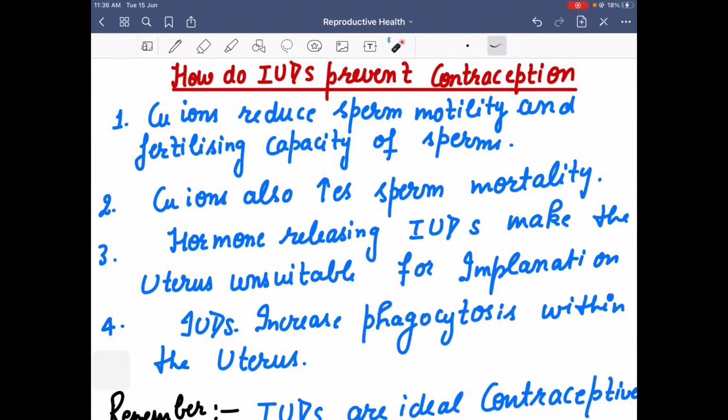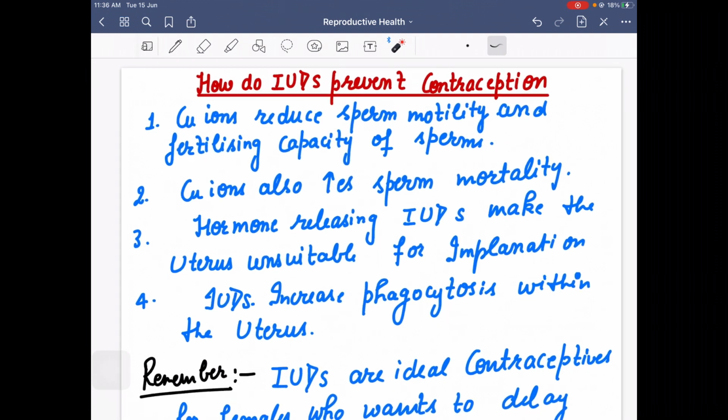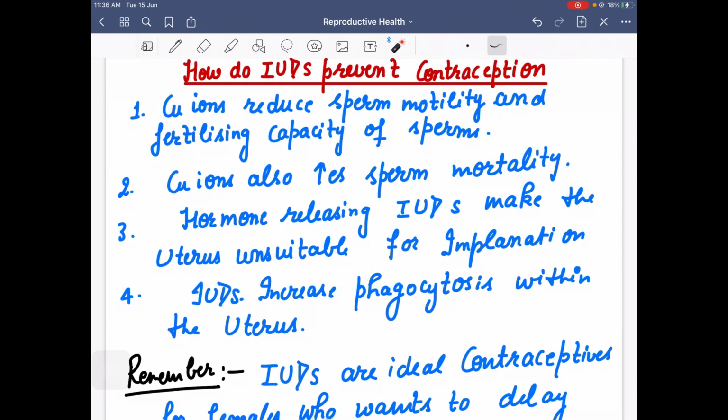Why copper? Actually, copper ions, we know that one thing which is very important for fertilization is the motility of sperm. The more the sperm will be motile, the better chance that it will reach the female reproductive tract.